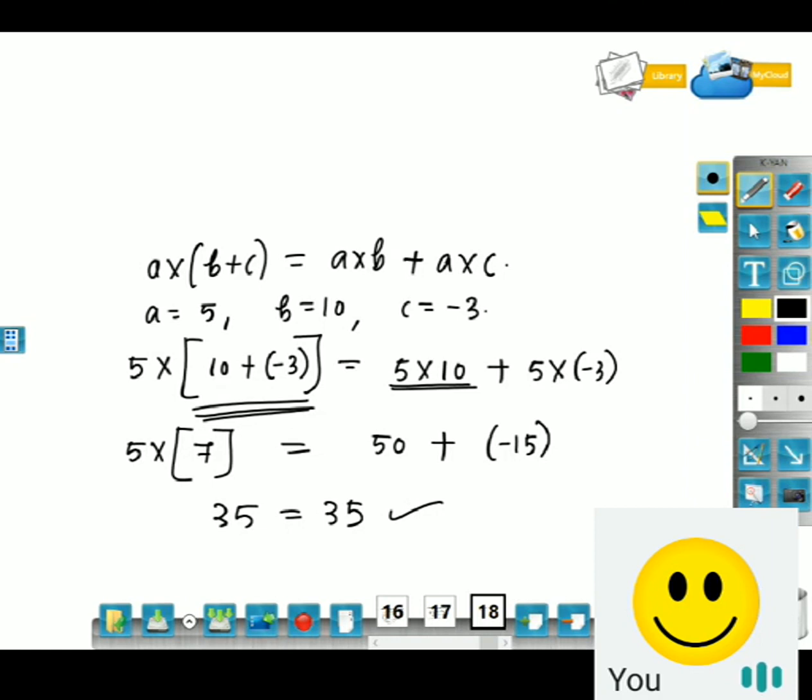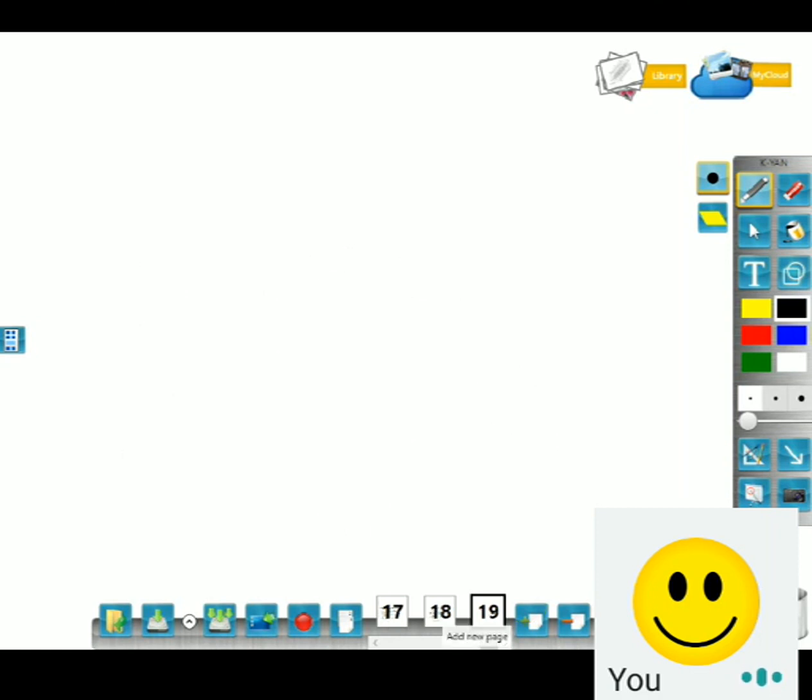Okay, this property will be used in different situations that we'll be discussing later on. Similarly, this property we can use it over subtraction also. If we are using over subtraction, during that time A into (B minus C), because here we are checking for subtraction, so that's why you have to use minus sign instead of plus sign.